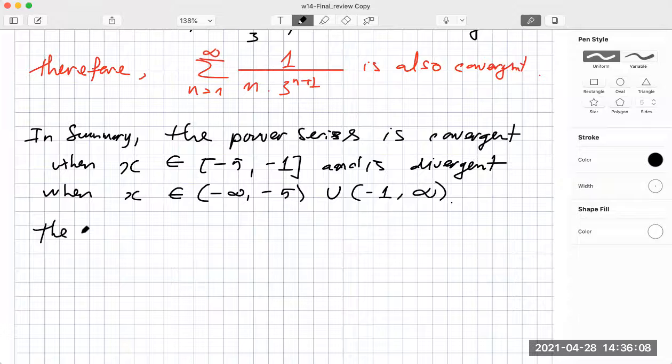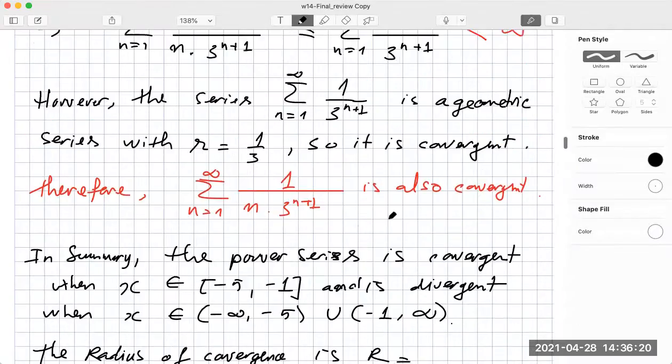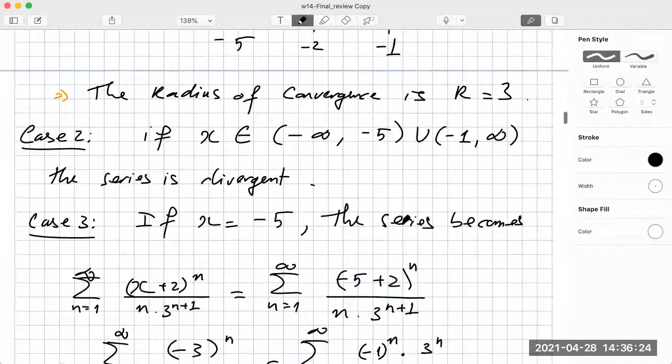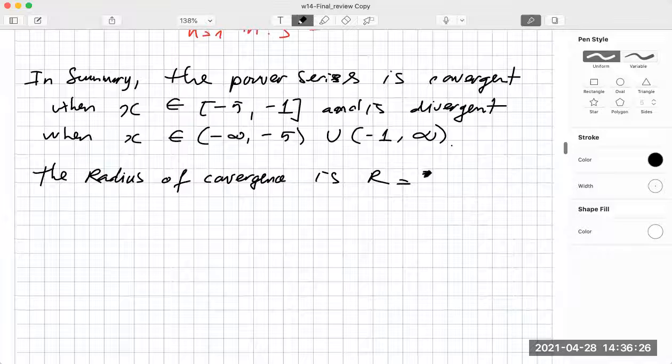The radius of convergence is R equals 3, right?